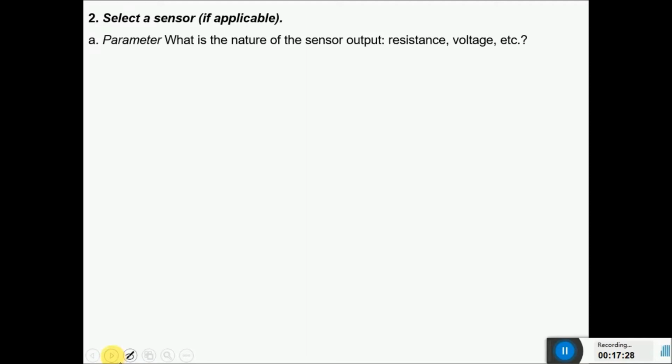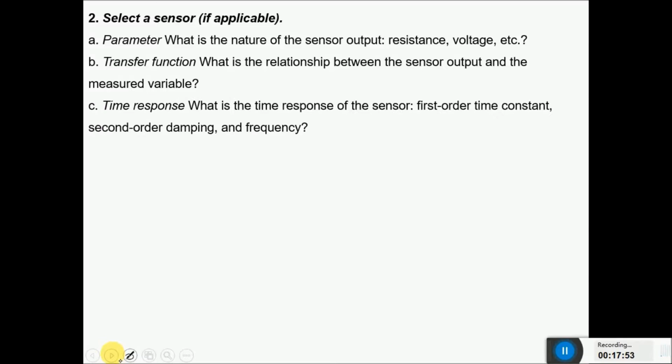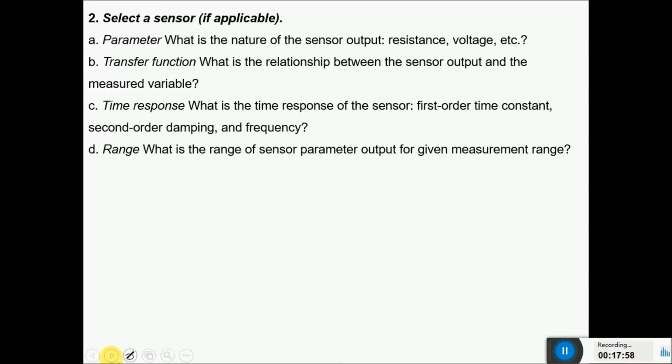And to select a sensor, we have to first determine the parameter and the nature of sensor output, whether the sensor after detecting the target parameter results in the change in sensor's resistance, voltage, current, or whatever quantity. What is the transfer function, or what is the relationship between the sensor output and the measured variable? What is the time response of the sensor, first order, second order, damping, exponential, and so on?